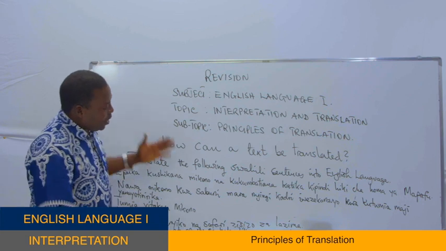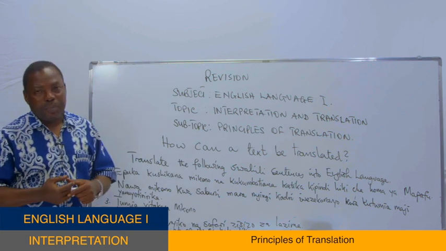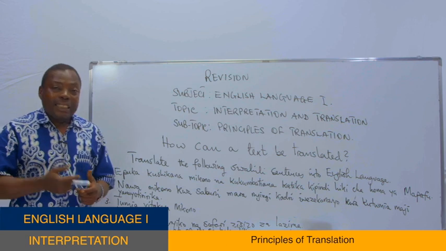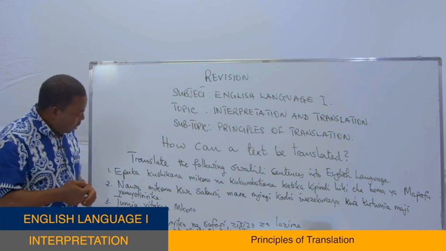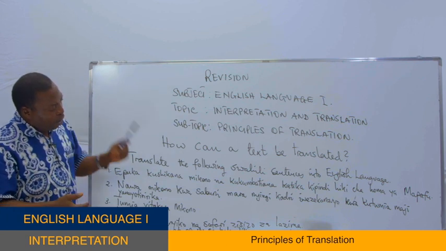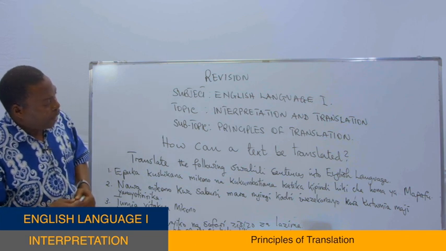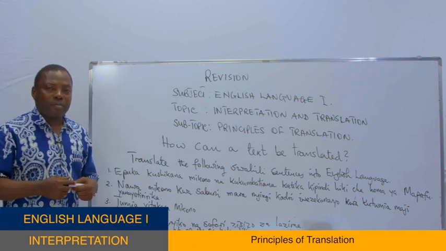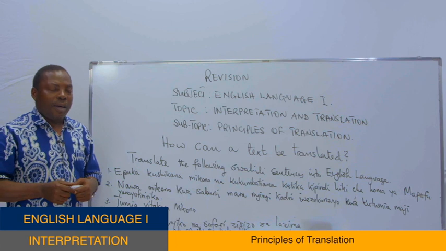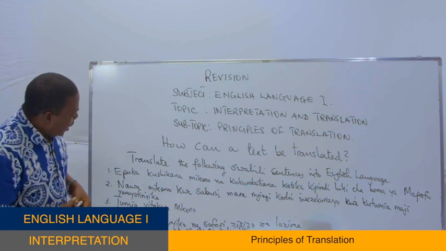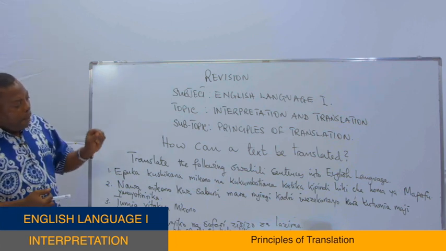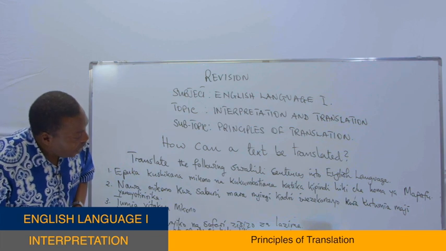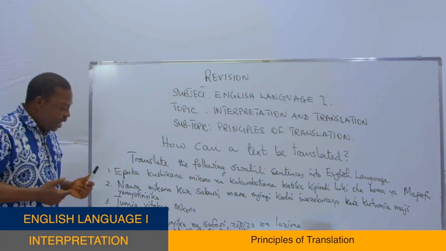Let's look at the sentences that I prepared for you. Sentence number 1 reads, epuka kushikana mikono na kukumbatiana katika kipindi hiki cha homa ya mapafu. Sentence number 2 goes like, nawa mikono kwa sabuni mara nyingi kadri iwezekanavyo kwa kutumia maji yanayotiririka.